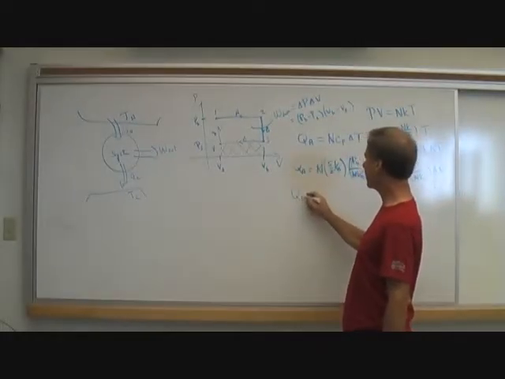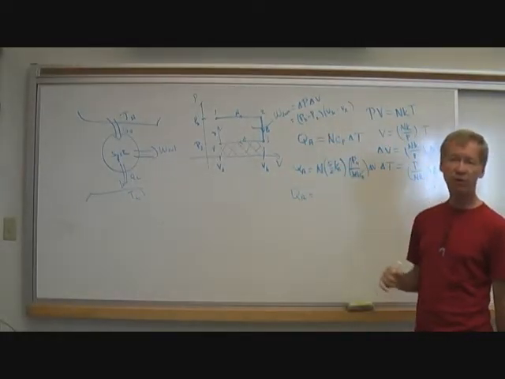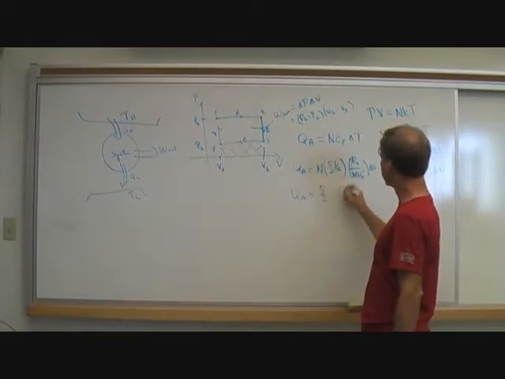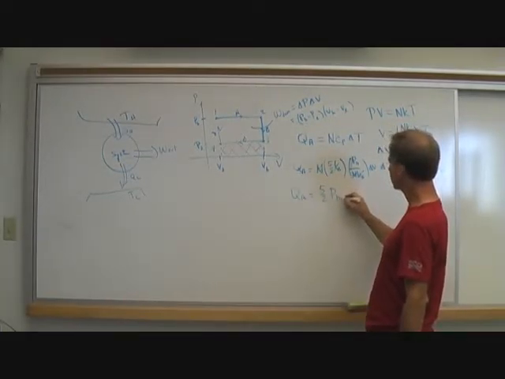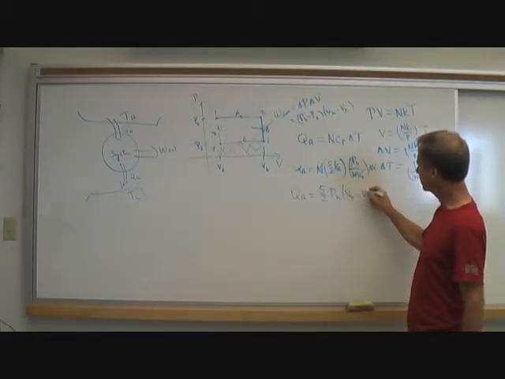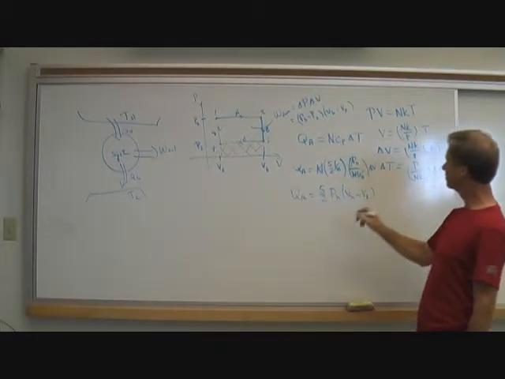So Q sub A for that process is going to be 5/2 P sub H, the high pressure, times delta V, V sub H minus V sub L.